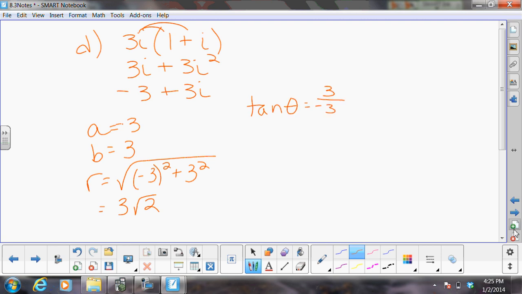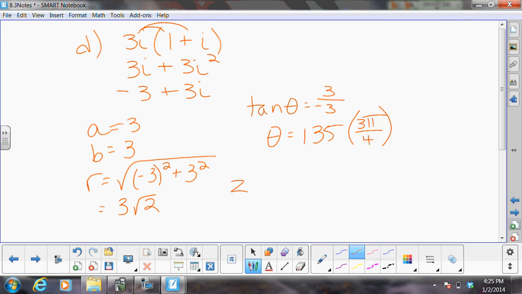If you were to actually graph that imaginary number, you would be in quad 2. This is tan of negative 1, which is a reference angle of 45. But since we're in quad 2, we're looking for 135. 135 in radians is 3 pi over 4.